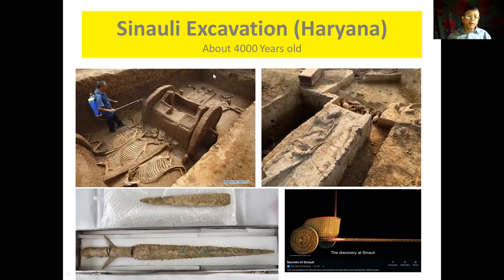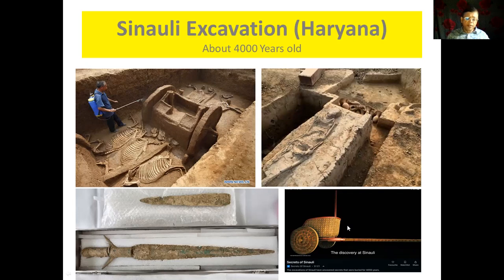Now in the excavation in Sinauli recently, they found these kind of artifacts. The skeletal remains of warriors, both women and men. Their swords that they used, and very interestingly, the chariot. And Sinauli has been dated to about 4,000 years from today. That is about 2,000 years BC.